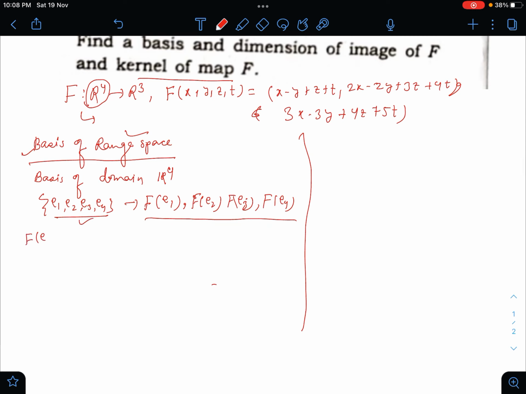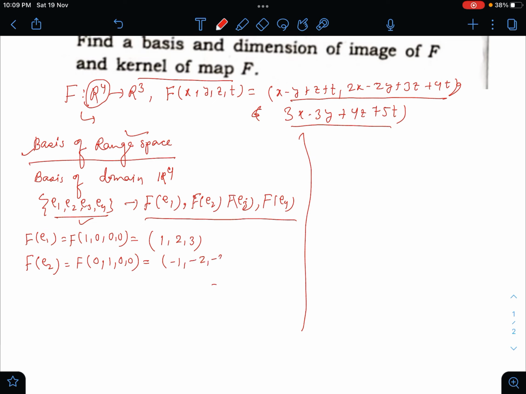So f(e1) is equal to f of (1, 0, 0, 0), under the given function, it will come out as (1, 2, 3). f(e2), where e2 is (0, 1, 0, 0), will come out as (−1, −2, −3). f(e3), e3 is (0, 0, 1, 0), is equal to (1, 3, 4). f(e4), e4 is (0, 0, 0, 1), is equal to (1, 4, 5).